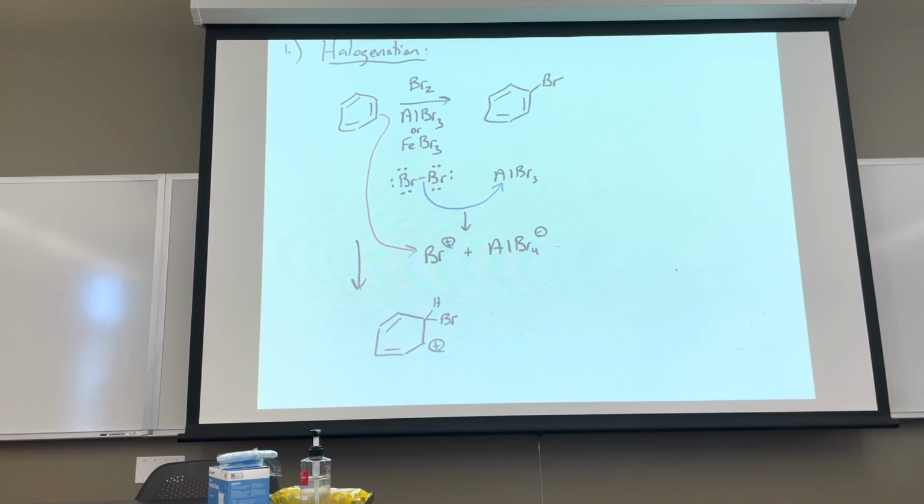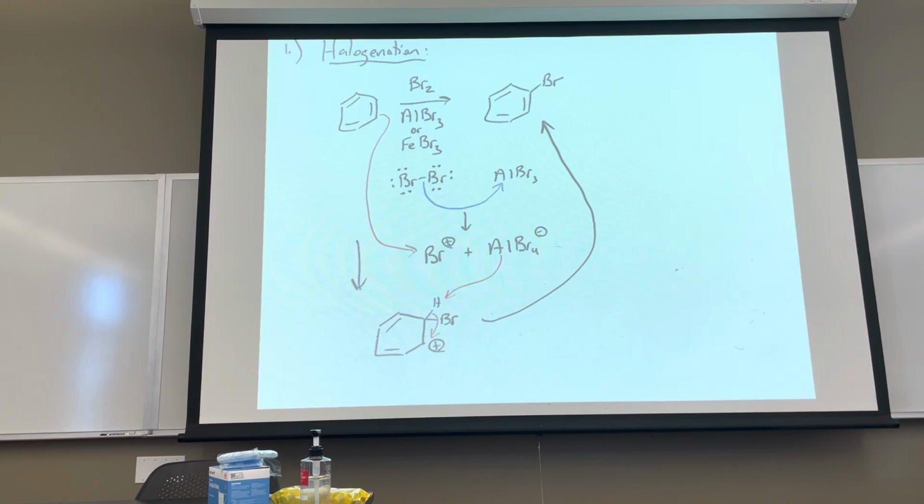And then in the next step, it's going to be that AlBr4 minus that comes in to act as the base. So it's going to come in, grab that proton, electrons come down, and ultimately result in your substituted benzene.